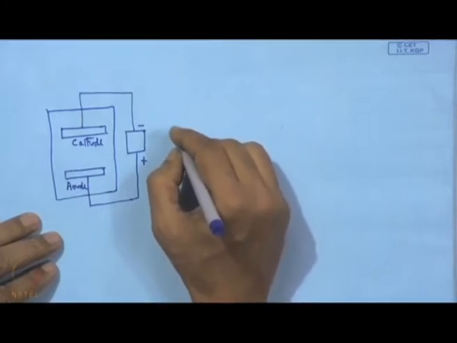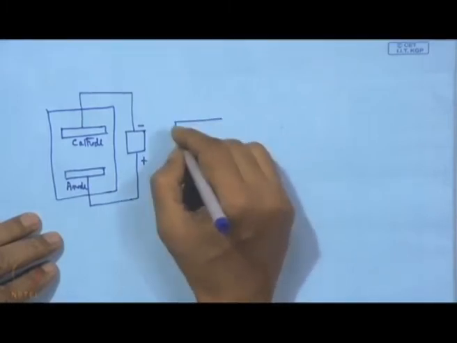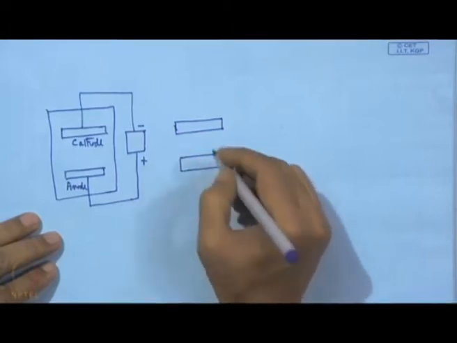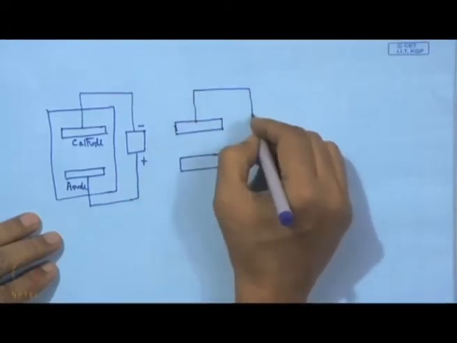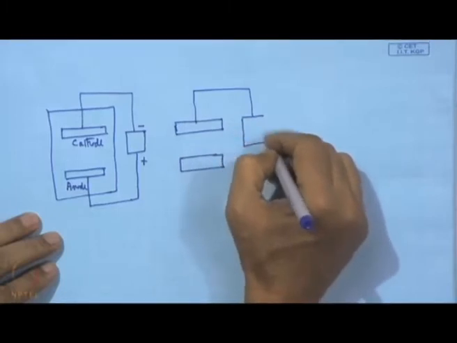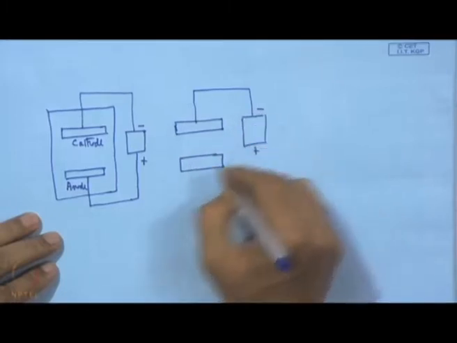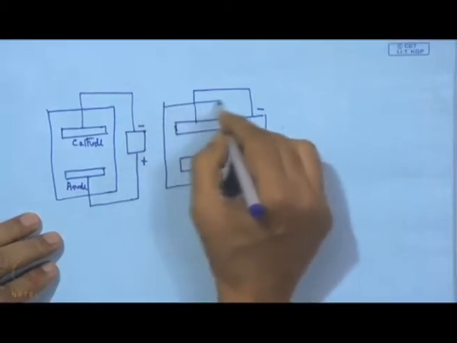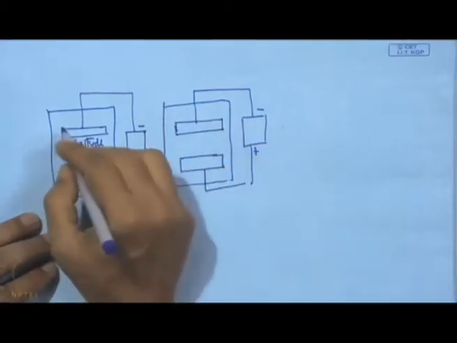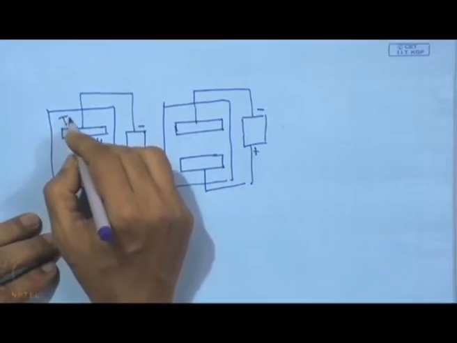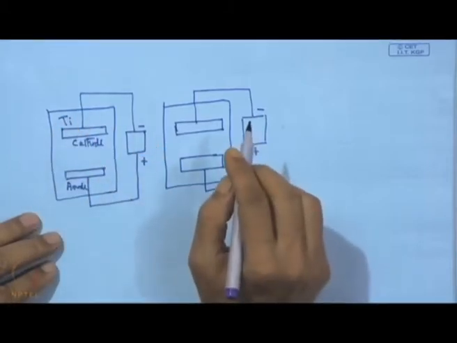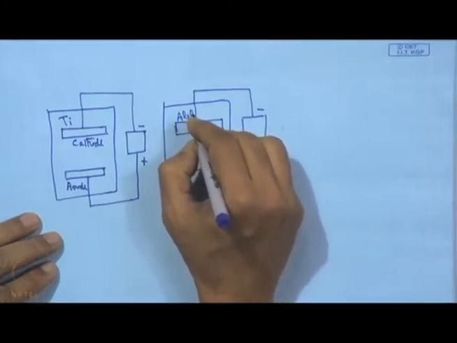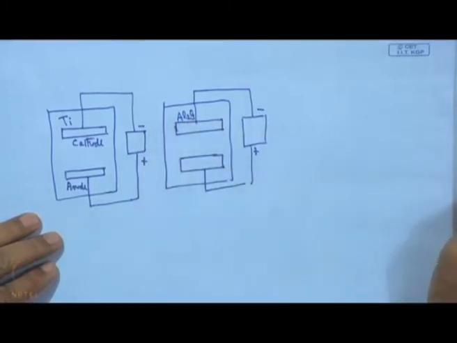However, when we have a material which is non-conductor, say for example, in this case this target material is a non-conductor, and we can illustrate, say this is titanium or aluminum, and say this is aluminum oxide which is non-conductor.